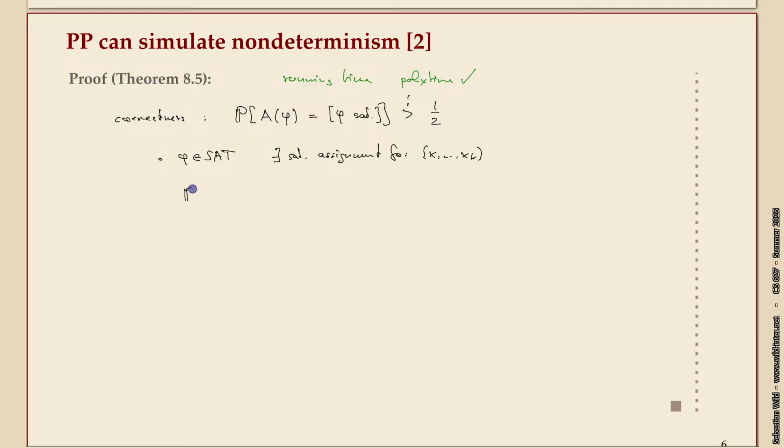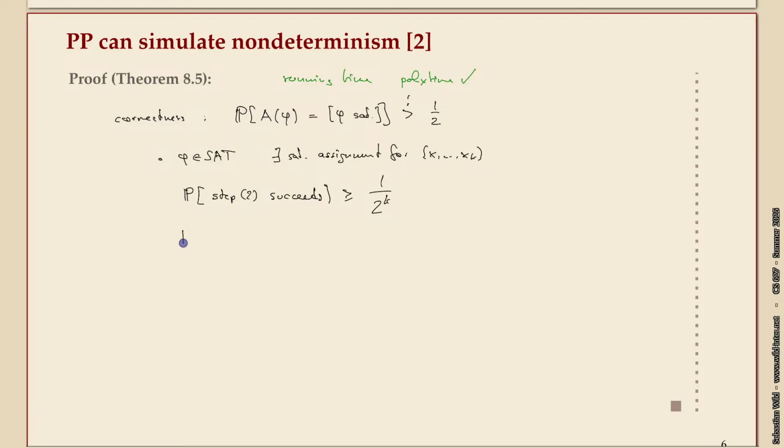But still, the probability that step 2 succeeds is at least 1/2 to the k, because there's 2 to the k assignments in total, and at least one has to be satisfying. Okay?